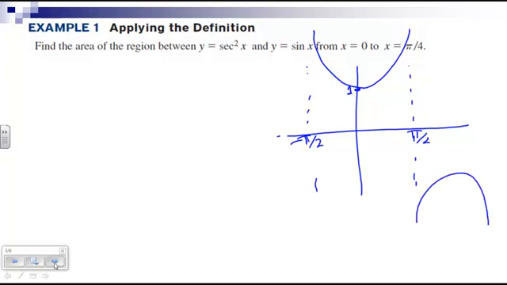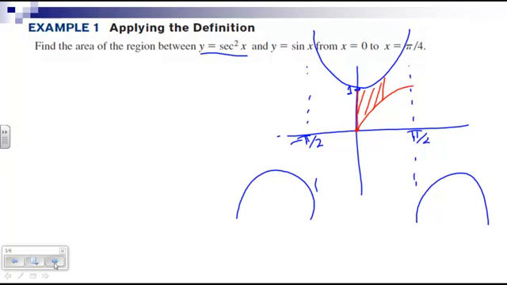It goes back and forth that way. So there's secant in blue. What about sine? It starts here, and by the time it gets to pi over 2, it gets up to 1. Is that right? So the area we're specifically talking about is this area right here.